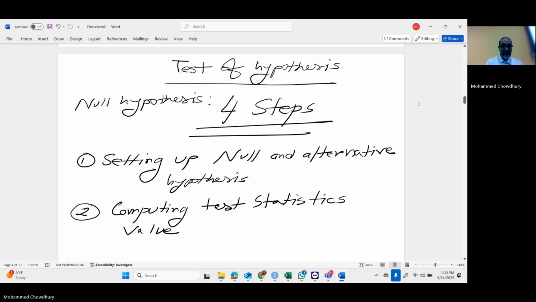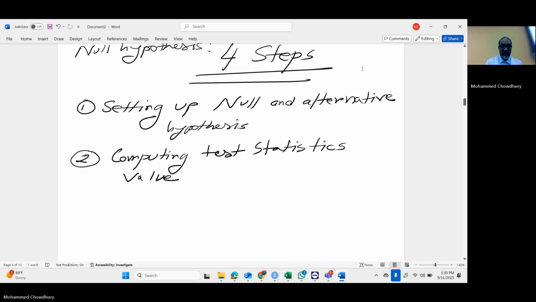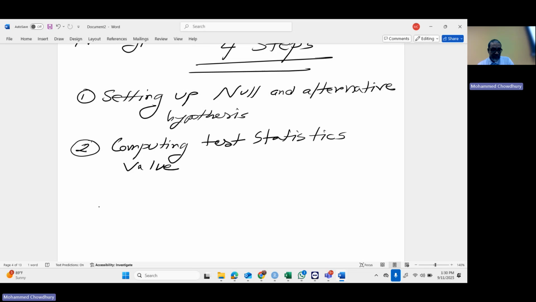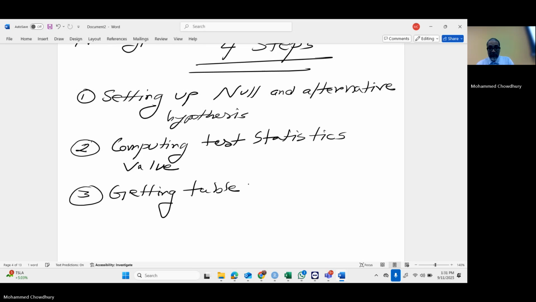Number 3, getting table value or p value.